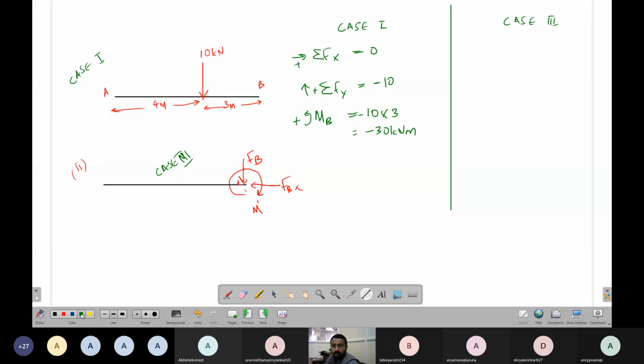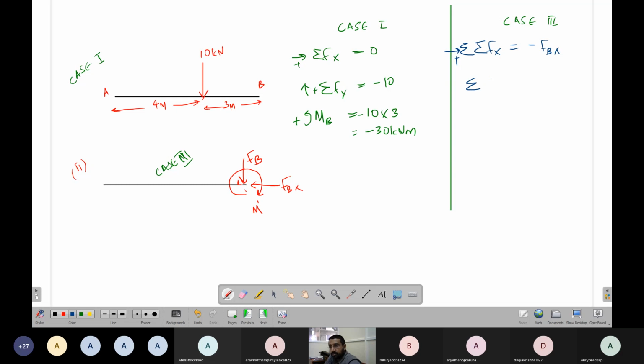Right. Now what about case 2? What is summation of forces in X direction? So right is positive. So this is minus FBX.